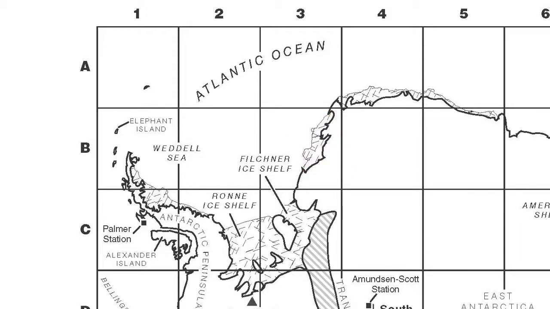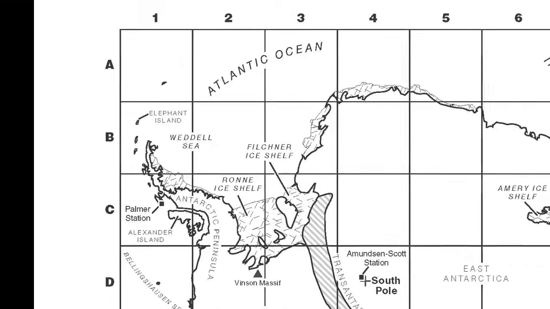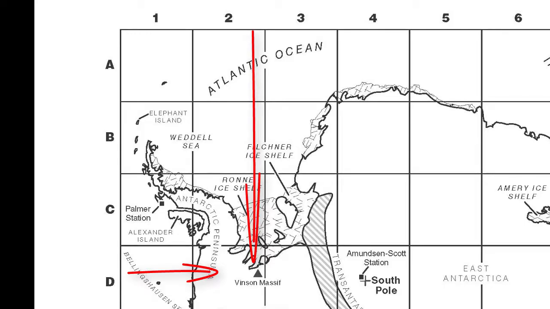If we wanted to locate a specific place, say for example Vinson Massif, which is the largest mountain range in Antarctica, you'll see that it is located at D2. It's almost like playing the game Battleship if you ever did that. This is an easy way to locate things on our grid map.